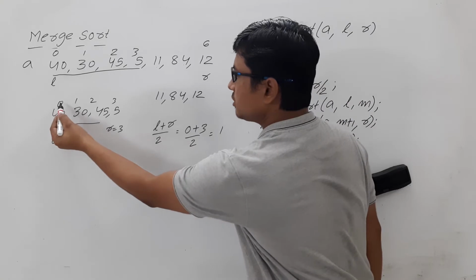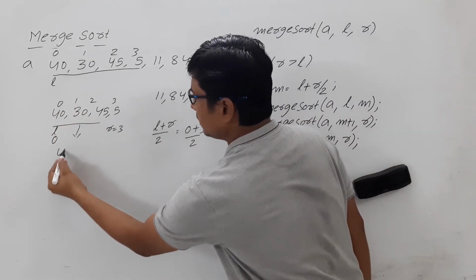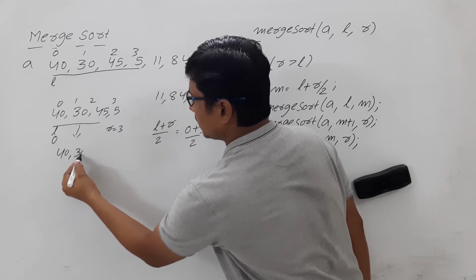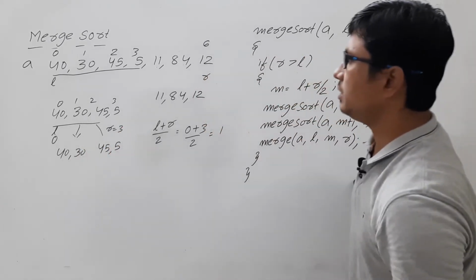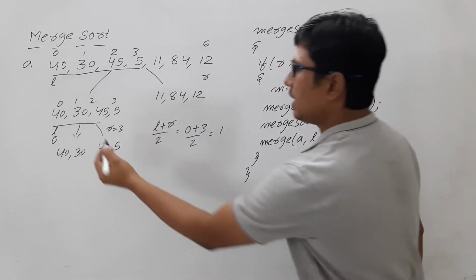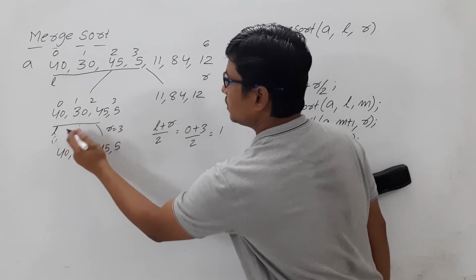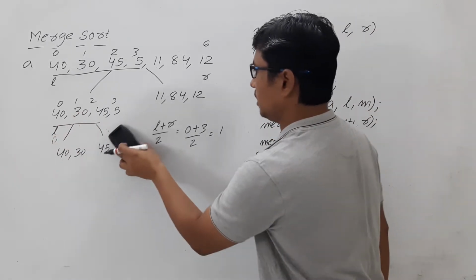So the elements from 0 to 1 you will make one array, 40 and 30. Another one will consist of 45 and 5. So this array you have divided into two sub arrays, and again this array you divided into two sub arrays. Is it clear? Are you able to understand it or not?